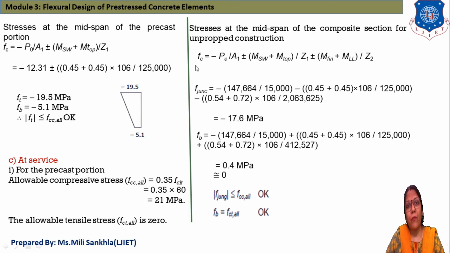So for unpropped we find the stresses FC. The equation is PE by A1, because here the composite section is also at service condition, so we take the effective pre-stressing force PE by A1 plus or minus MSW plus the moment due to the topping slab, then divide by Z1, then the summation of floor finish moment and live load moment, divide by Z2. One by one put all the values that we already found earlier.